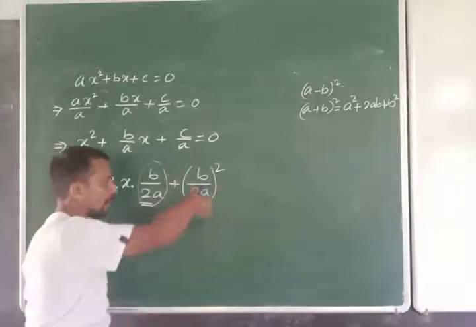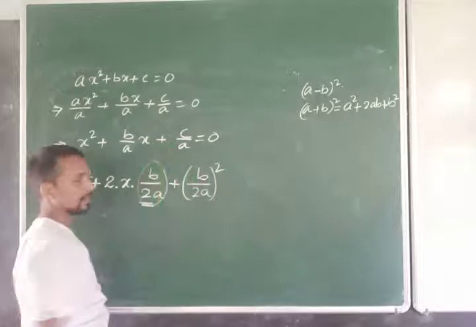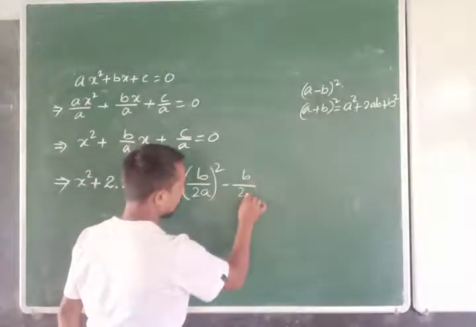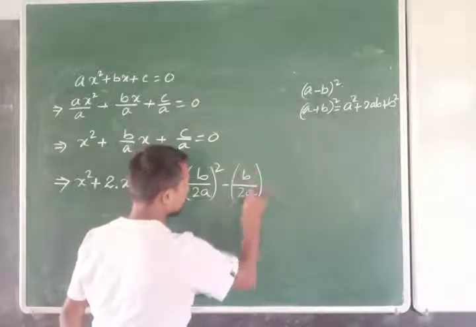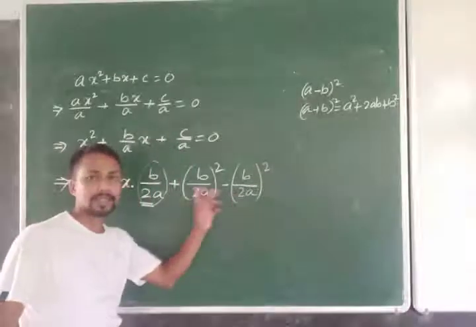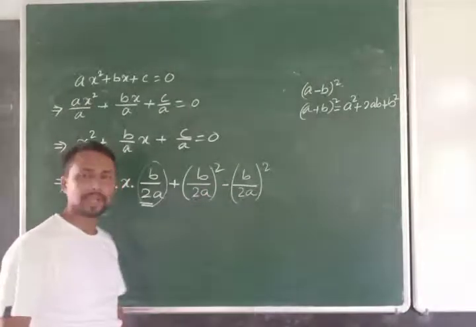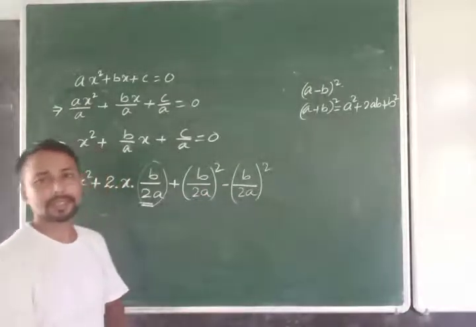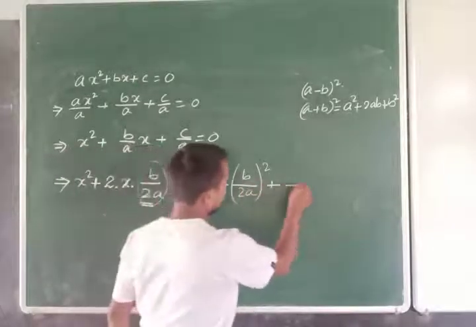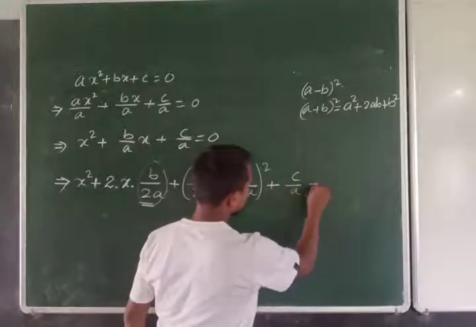Now this b whole square portion is not here, so this means we can subtract b by twice a whole square. Now this plus and this minus together equal 0, and 0 can be added or subtracted. Then the last term, plus c by a equal to 0.